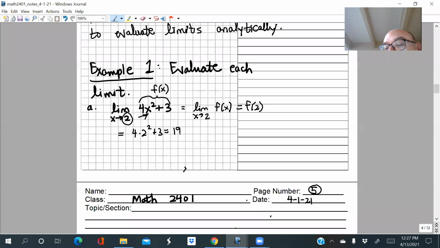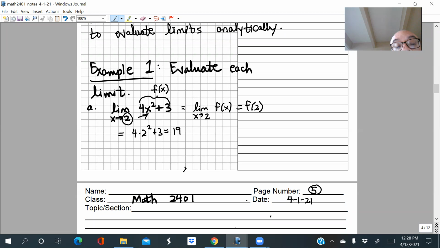So look, without any work at all, or without having to draw a graph, we figured out what this limit is going to be. It's got to be 19, because we know this is a continuous function because it's a polynomial function. So to evaluate this limit, I don't have to draw a graph, or do anything fancy.